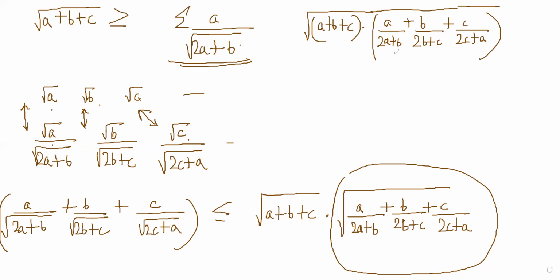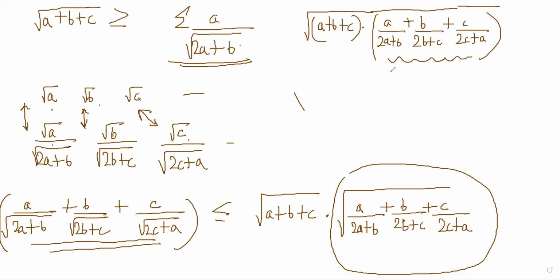Okay, if I take a common denominator, hmm, can I prove that this is less than or equal to 1 easily? If I prove that, the question is over, because I got s on this side. S is less than or equal to root a plus b plus c.